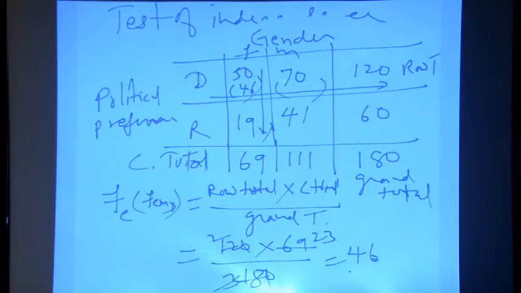We will have for 70 it will be 74, because 74 plus 46 will give us 120, and then 46 plus some number should give us 69. So, that will be 23. And then 74 plus something should give us 111, and that will be 37.